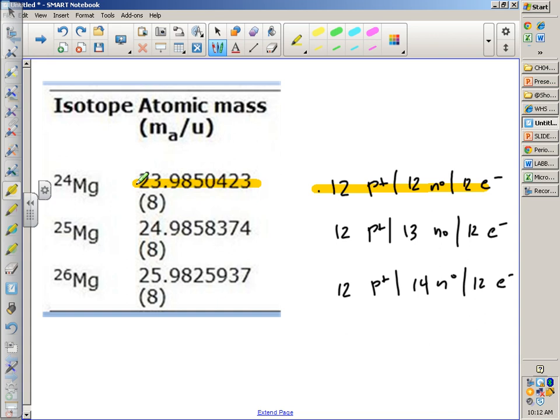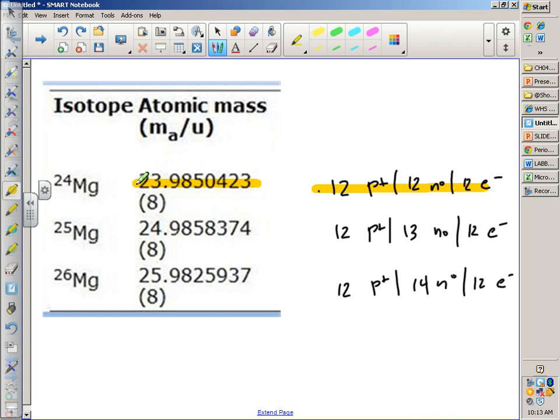So, Noor, what does that suggest then about protons and neutrons from carbon to magnesium? Are the protons and neutrons in carbon-12 the same as the protons and neutrons in magnesium-24? Doesn't seem like it, right? So maybe all of our protons and all of our neutrons aren't exactly the same. Does that make sense? Because if they were, we would just double everything and it would give us 24, but it doesn't.